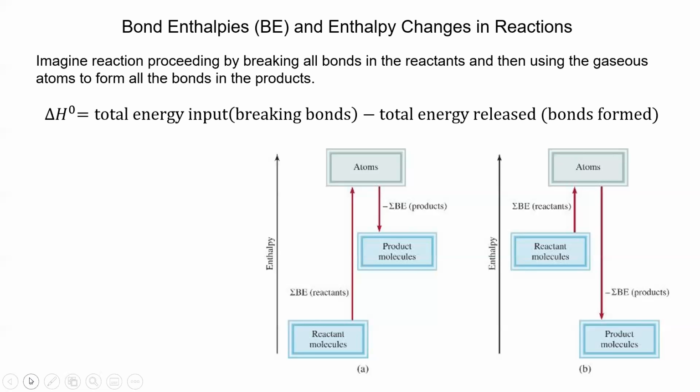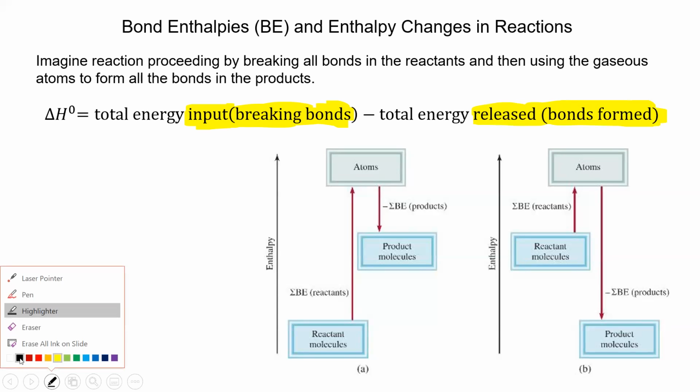We're going to do the same thing. The change in energy is our energy input, right? So breaking all these bonds, minus the energy that is released, and so that's forming bonds.